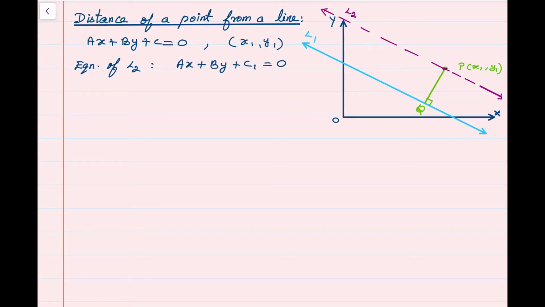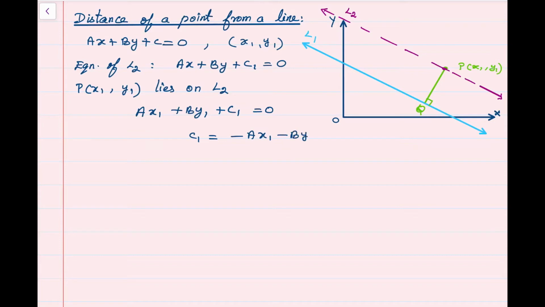If two lines are parallel, only the constant terms will be different. Slopes are equal. And this point P (x1, y1) lies on L2. Therefore, Ax1 + By1 + C1 = 0. Therefore, C1 is minus Ax1 minus By1.